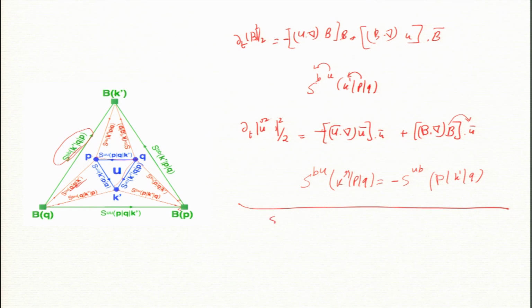So, for completeness I write S K prime, B Q is minus imaginary K prime dot, so this is between B and B. B P dot B K prime, and use a mediator. So, U Q. So, this is S BB, fine. Now, we can write down how much goes through S UB, S BU.